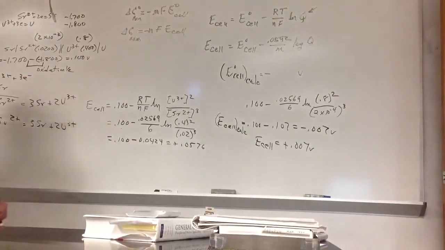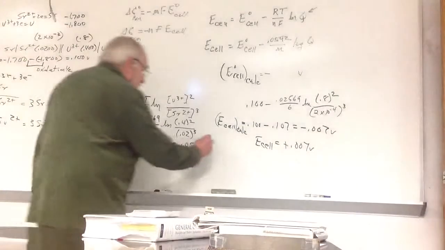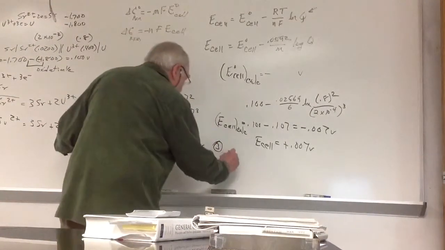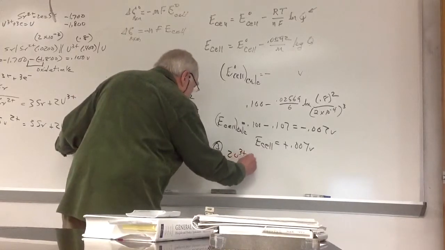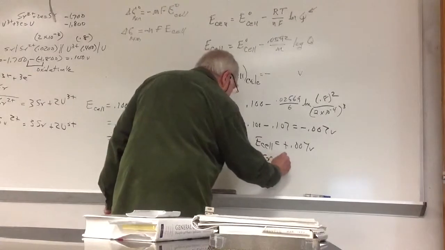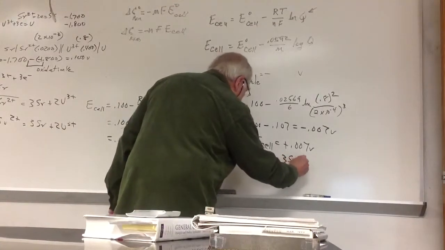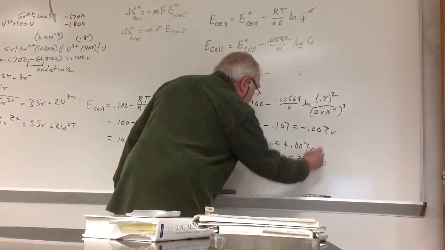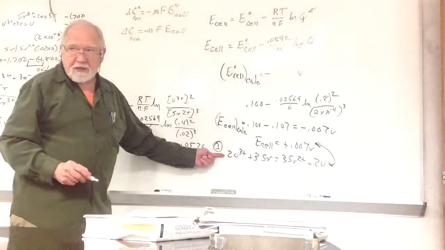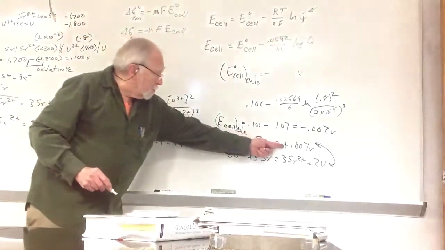In part 3, right? The reaction I would have to write now would be the reverse reaction. So these two numbers now go together. This is the spontaneous reaction in the cell, and this is the cell potential.